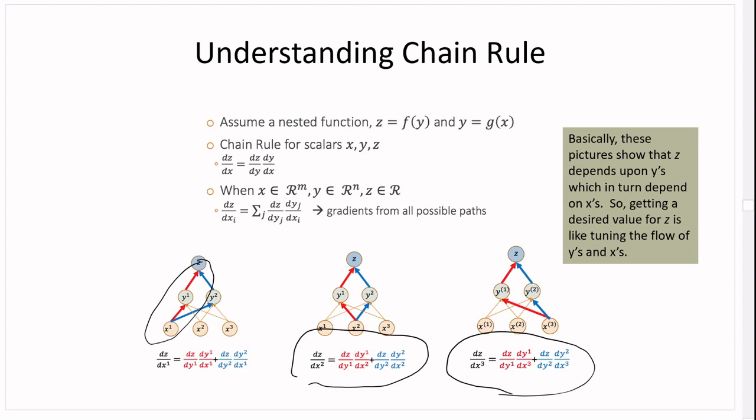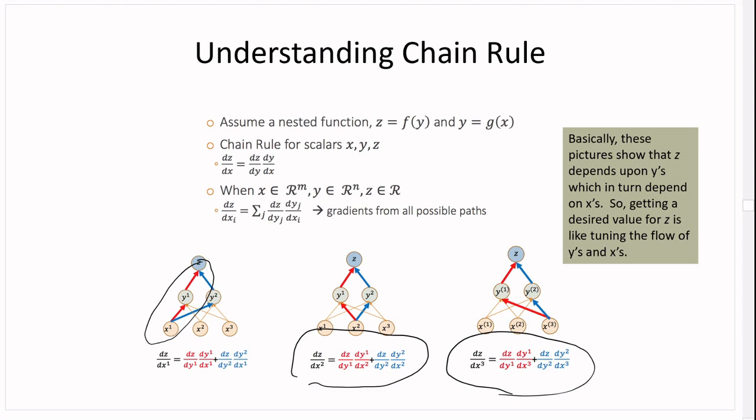So if one was to calculate how z is going to depend on x1, that is to calculate dz by dx1, we can calculate that as dz by dy1 times dy1 by dx1. That is the red line or the path shown over here.